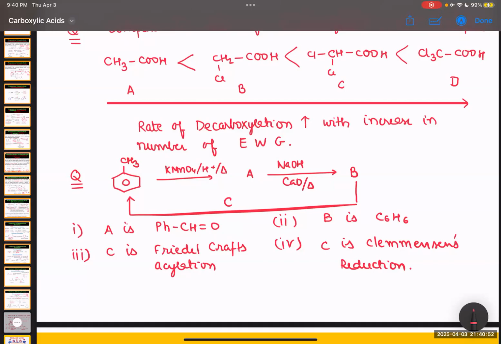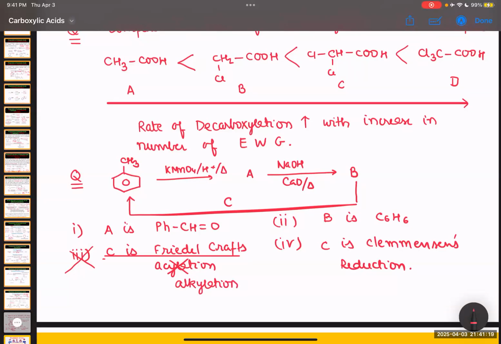You will get a lot of statements where half of the statement is correct, but only one word makes it incorrect, and that has happened here. So this part is correct, but this is not acylation. This is alkylation. So overall, this has become incorrect. Got it? Because it is alkylation. Are you getting my point?